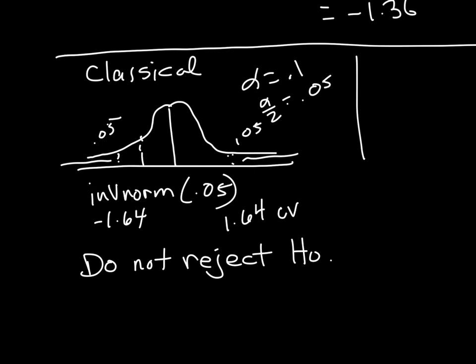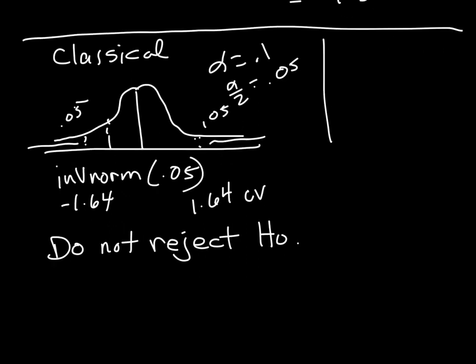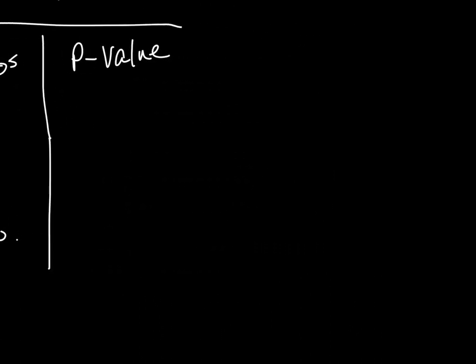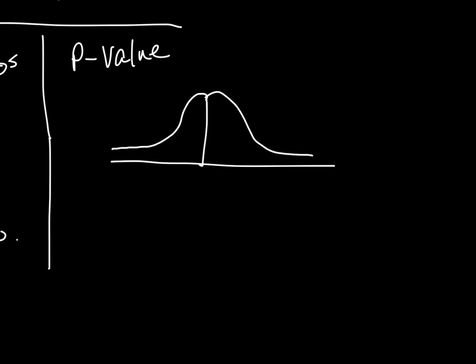Well, how about... Okay, we ready for a little p-value action? Here we go with the p-value approach. With the p-value approach, if you check your notes, it's going to say to go find the area related to the test value. Okay, so draw me a normal curve. What was my test value again? Negative 1.36.